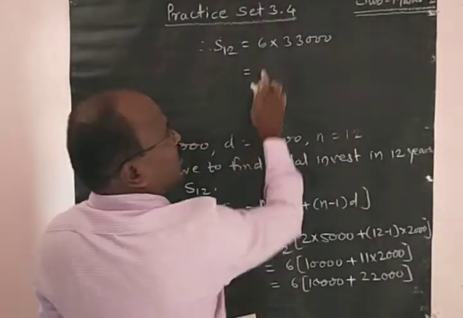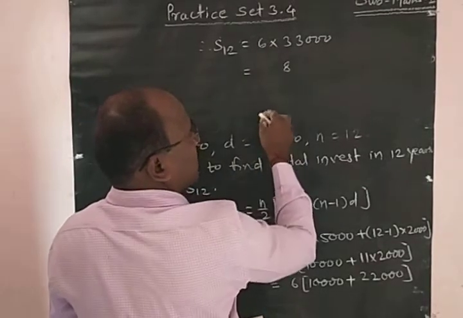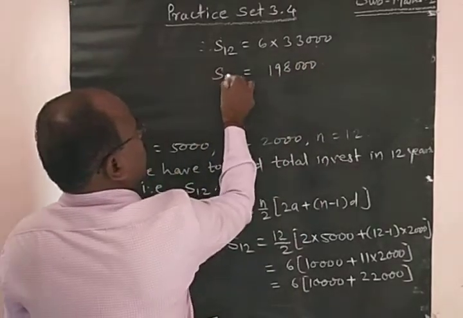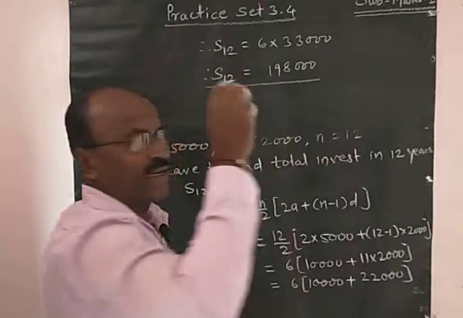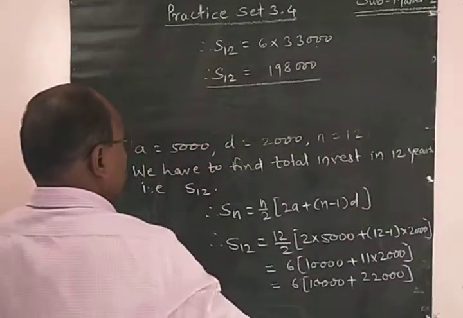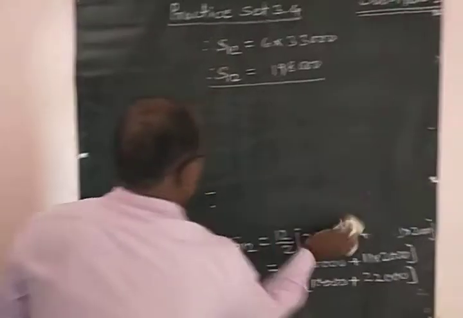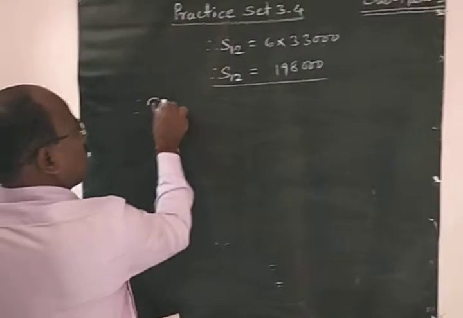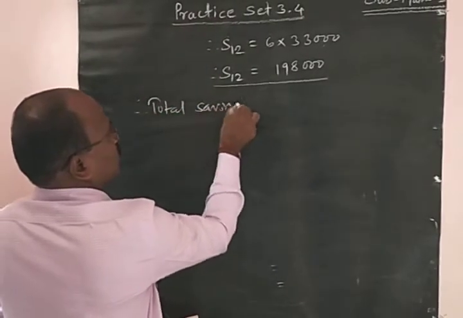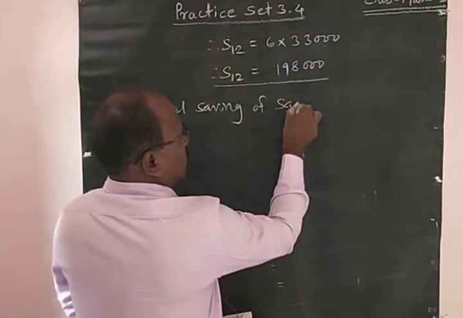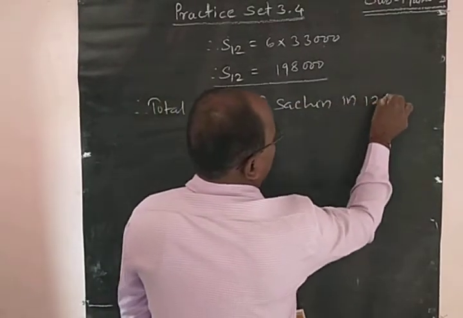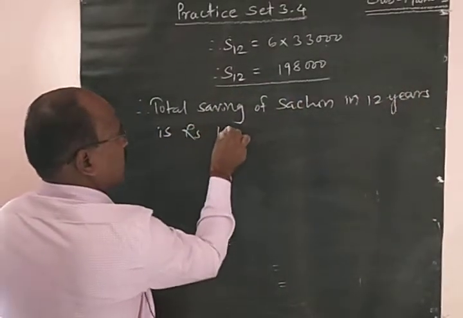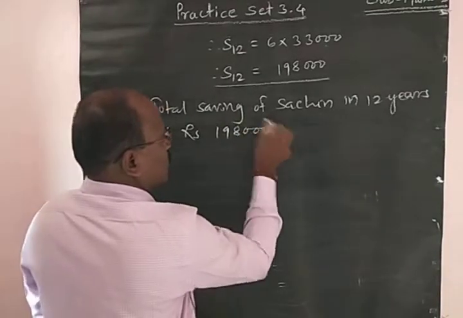That is 6 into 3 is 18, carry 1, 6 into 3 is 18 plus 1 is 19, then zeros. So S12 is equal to 1,98,000. Therefore the total saving of Sachin in 12 years is rupees 1,98,000.